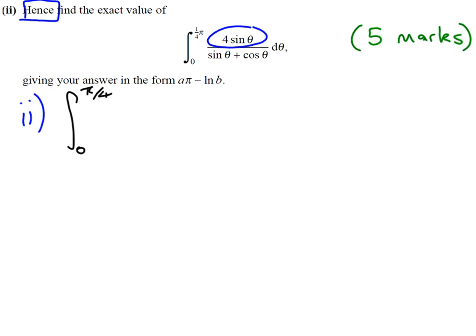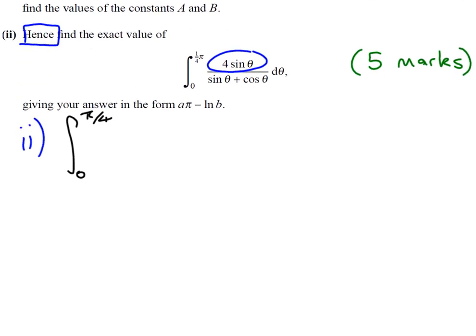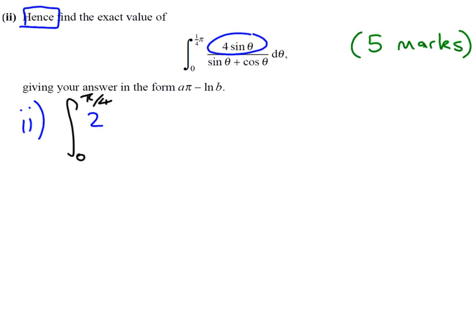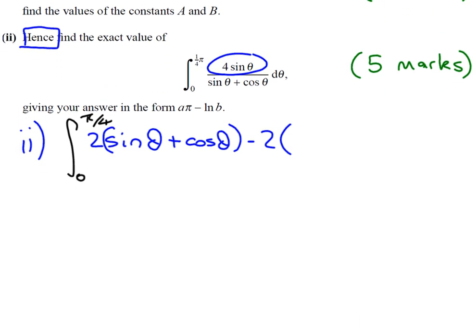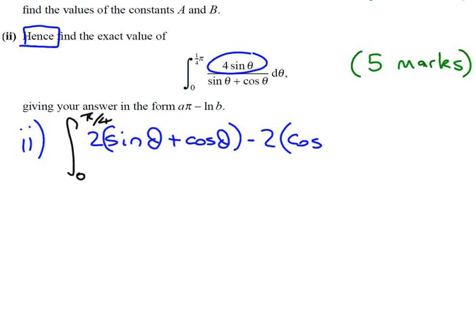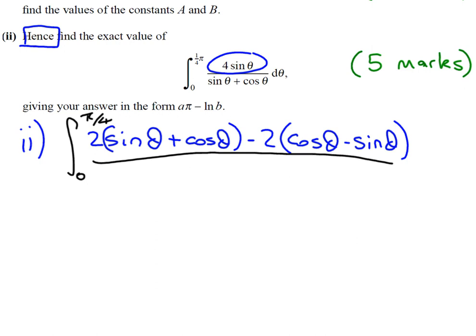We're going to change 4 sin theta to what we just worked out, which is 2(sin theta + cos theta) - 2(cos theta - sin theta), a simple substitution, and that is divided by sin theta plus cos theta.